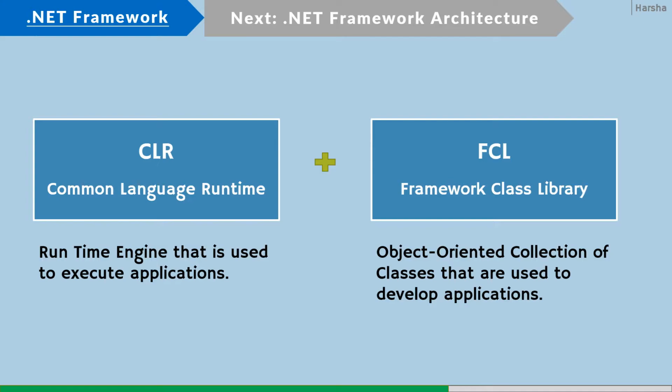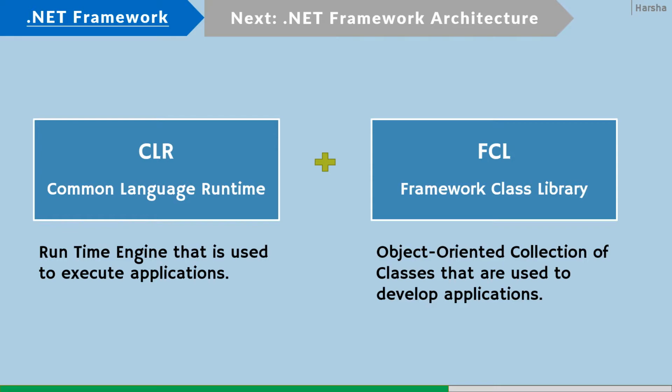I have already explained about CLR in the previous lecture. So what is CLR? CLR stands for Common Language Runtime. It is the runtime engine to execute any .NET application and also provides the runtime services such as security management, memory management, garbage collection, thread management, loading the classes, etc.